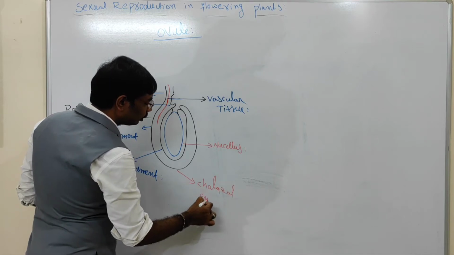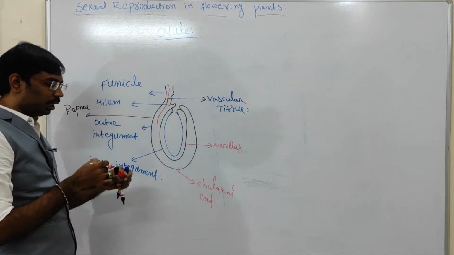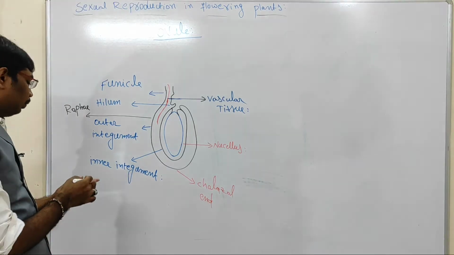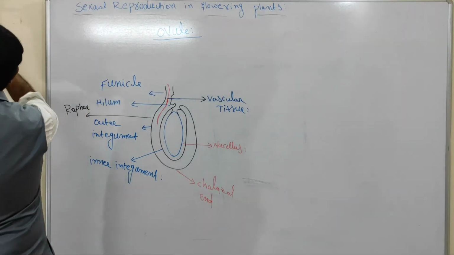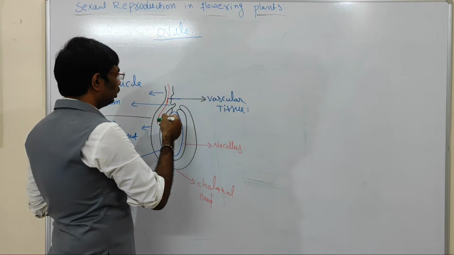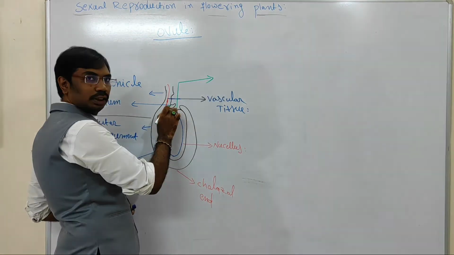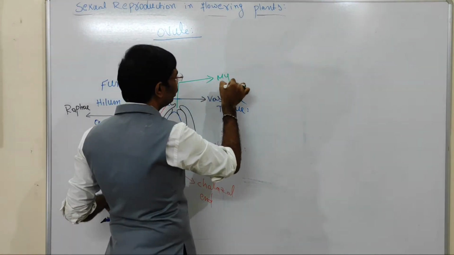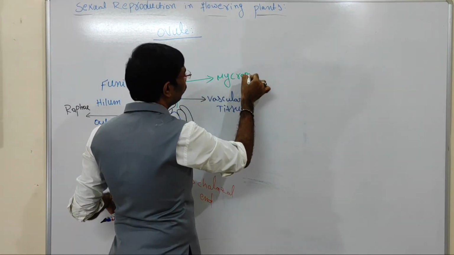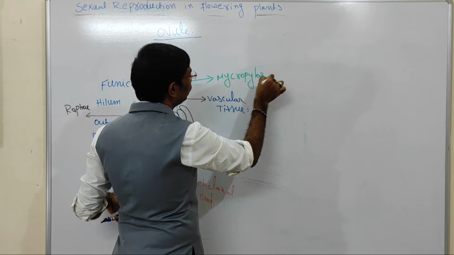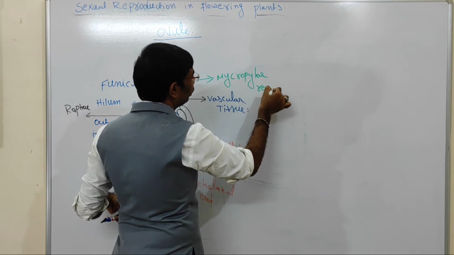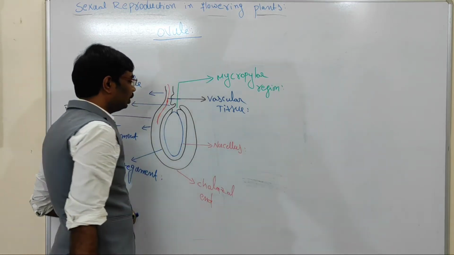In the apical region, if you observe carefully, there is an empty space, and this space is called the micropylar region. So these are the parts of the ovule.